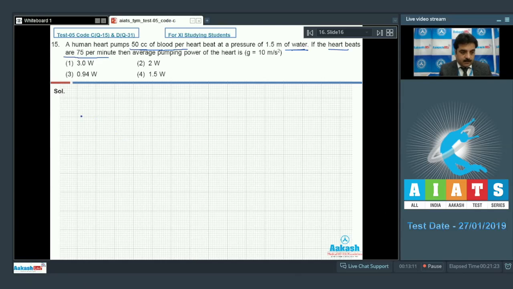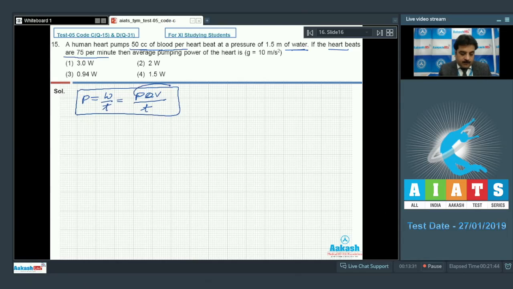This is a very interesting question. Power is W upon T. In the case of thermodynamics or liquids, can I use work is equal to pressure into change in volume, divided by T? So this is a beautiful line for you.